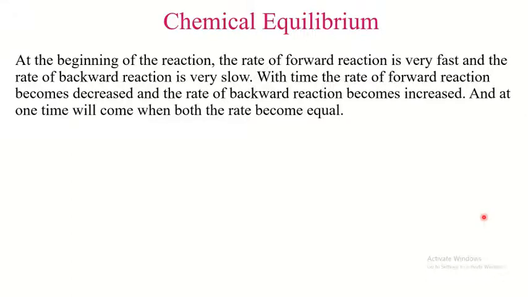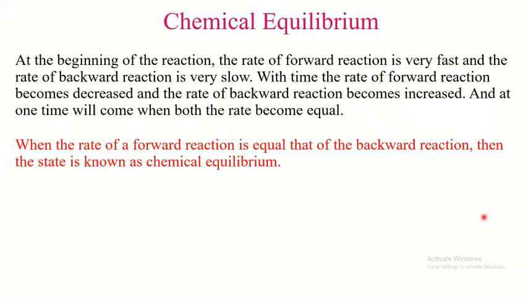One time will come when the rate of forward reaction and backward reaction become equal. This moment of the reaction is called chemical equilibrium. So, when the rate of forward reaction equals that of the backward reaction, the state of the reaction is known as chemical equilibrium.